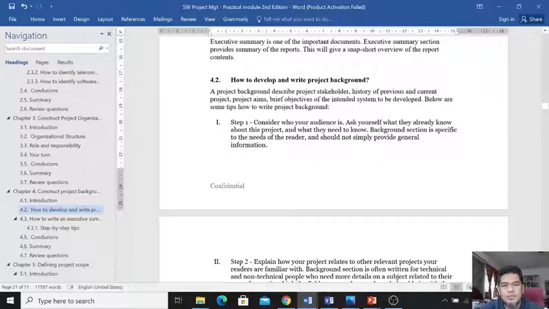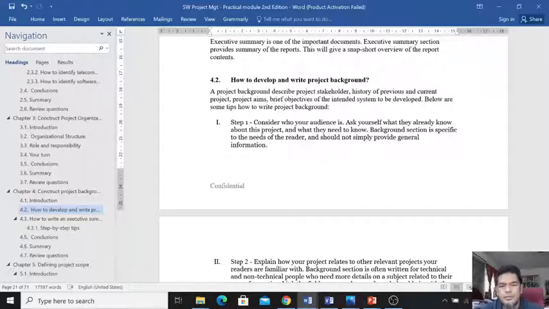But the most important thing, the first thing that you have to know, is about the system. So you need to evaluate your system to be developed, then you can write the project background.